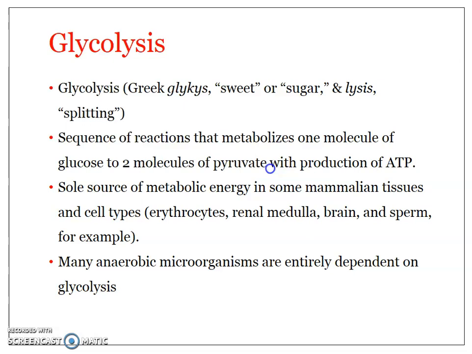It is considered to be the sole source of energy in many of the mammalian tissues and cell types. For example, glycolysis is a major pathway for the synthesis of ATP in tissues which lack mitochondria, for example, erythrocytes, cornea, lens, etc.